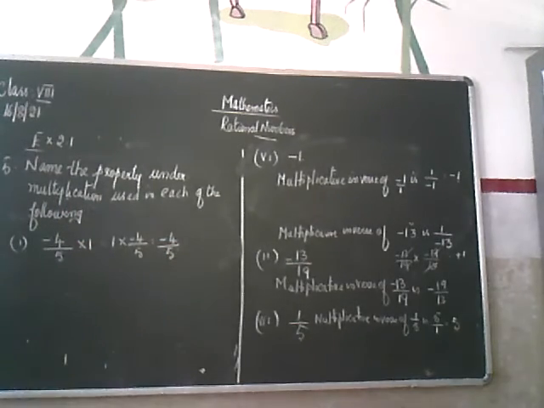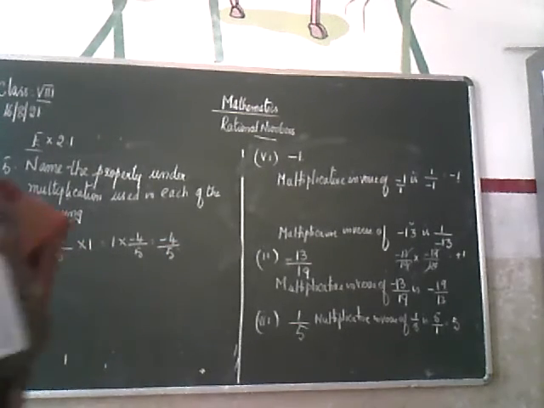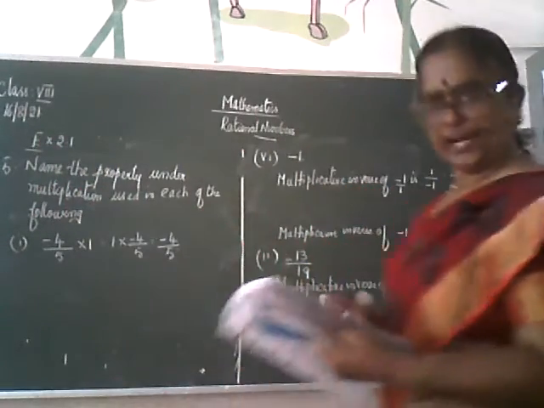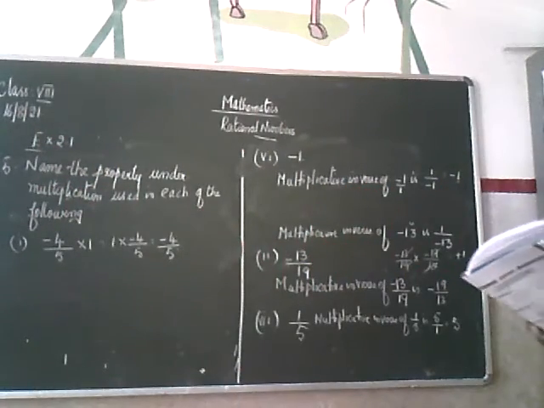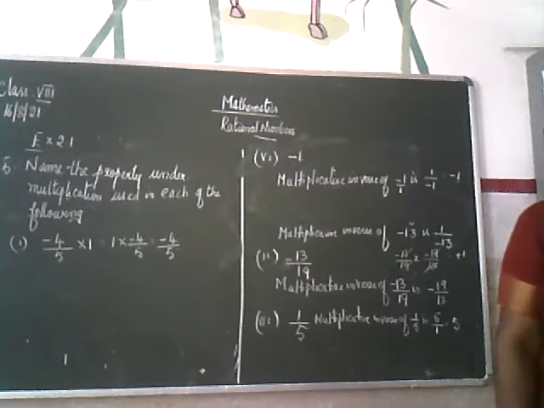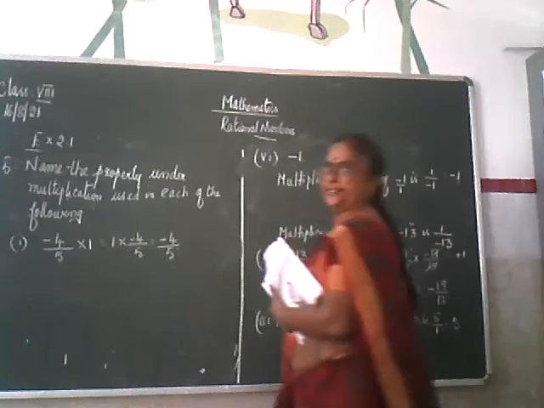See, you must name the property. So here the rational number is multiplied with 1, isn't it? If 1 is multiplied with the given rational number, you get the same rational number.